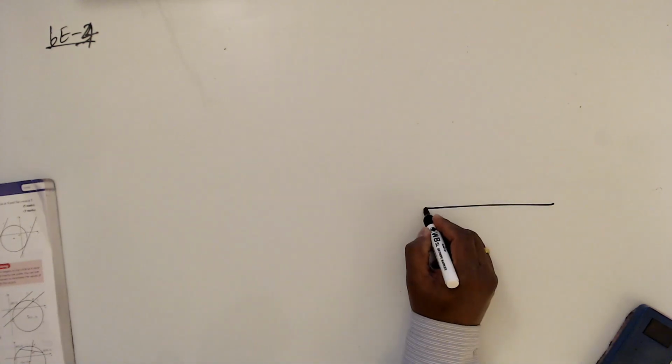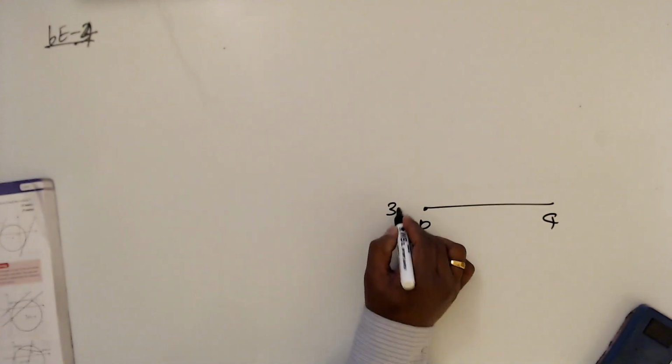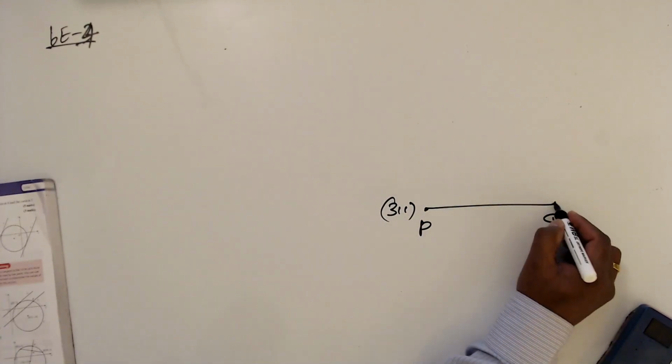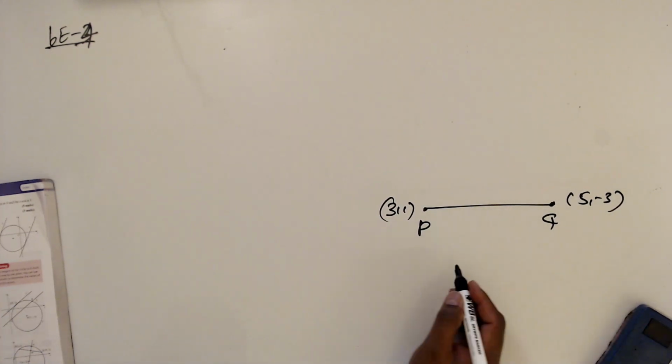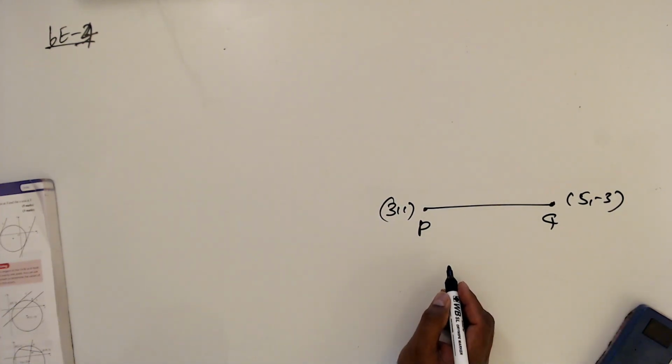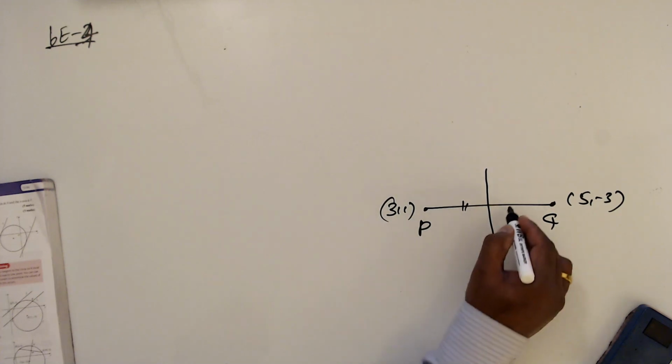Question number 4. PQ is a line segment, and this point is (3, 1), and this is (5, -3). Part A is find the equation of the perpendicular bisector of the line PQ. Okay, this is the perpendicular bisector.